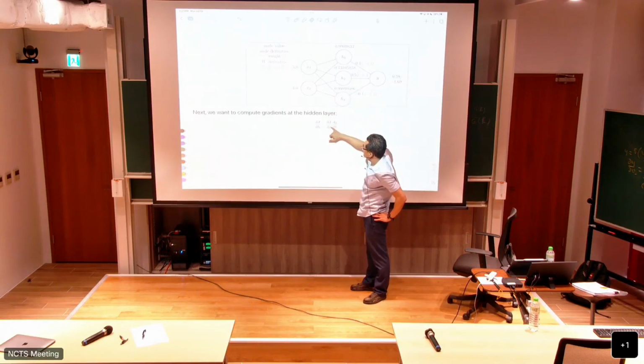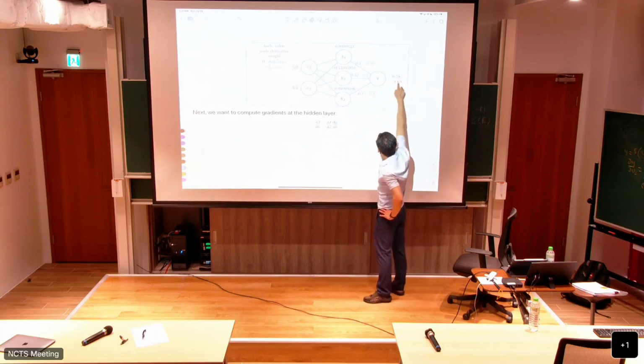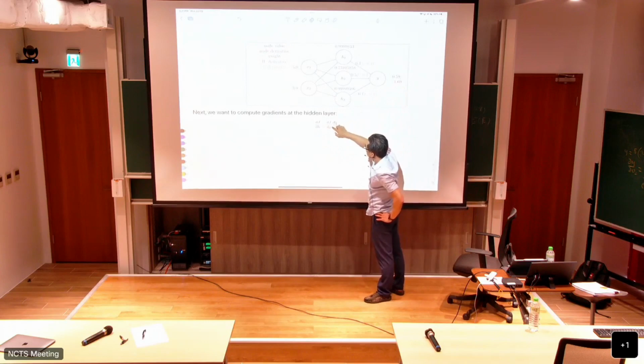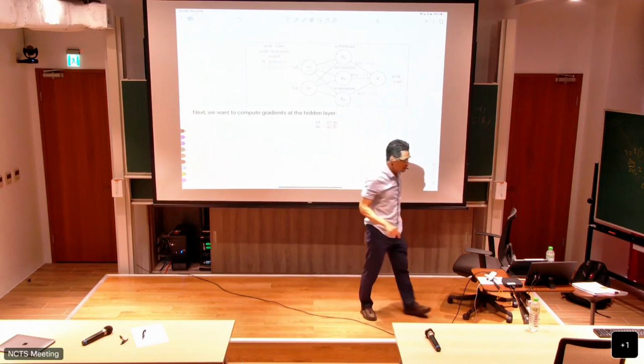And again, the chain rule here: dJ/dy times dy/dh. Remember, that's why I need to keep these, right? I save these. So what I already have, we already have that, which is here, right? What we need is dy/dh.